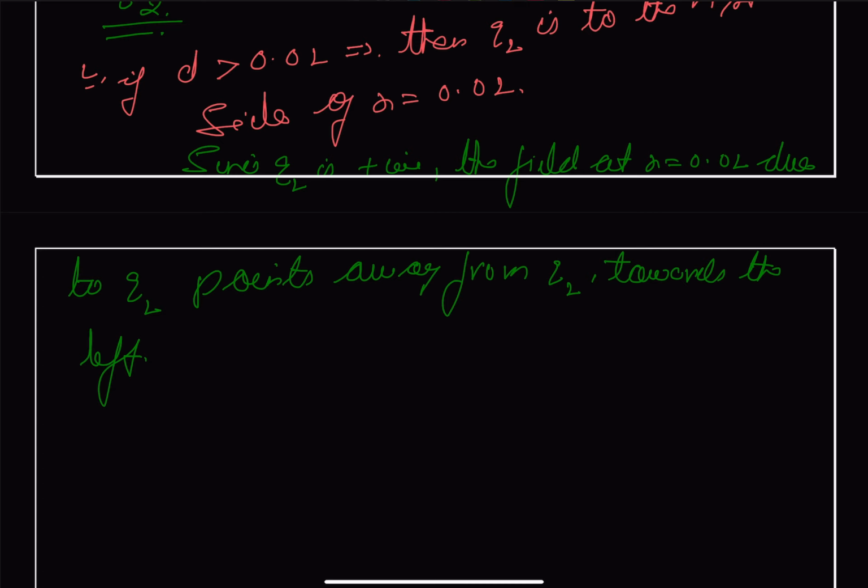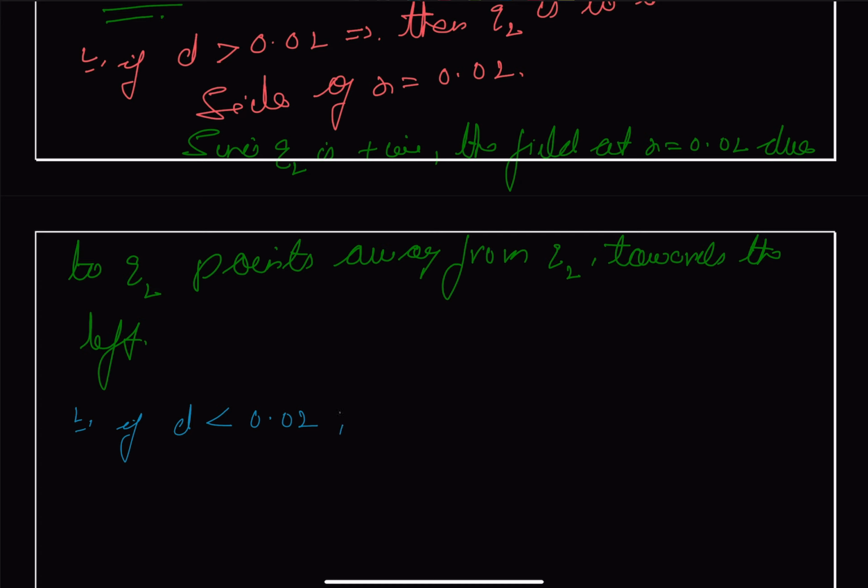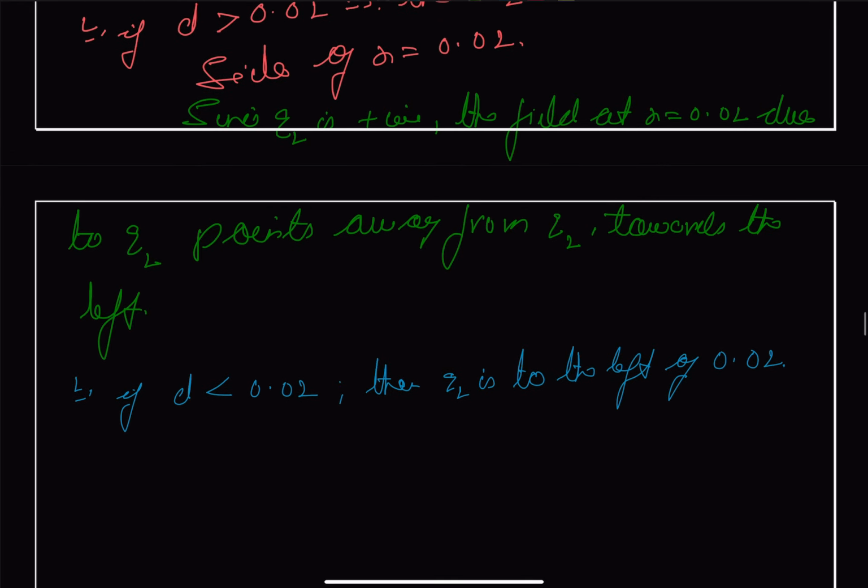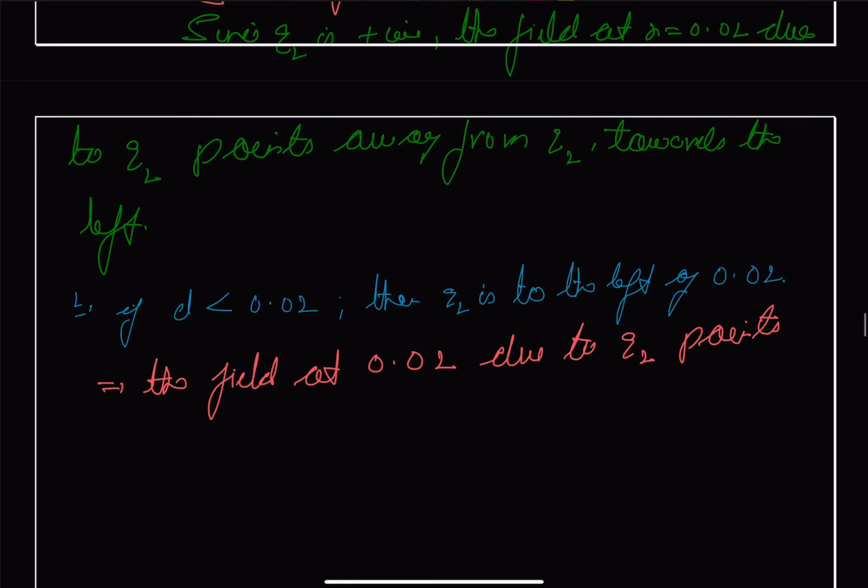And secondly, if our d is less than 0.02, then Q2 is to the left of 0.02, and we can say that the electric field at 0.02 due to Q2 points away from Q2, or we can say towards the right.